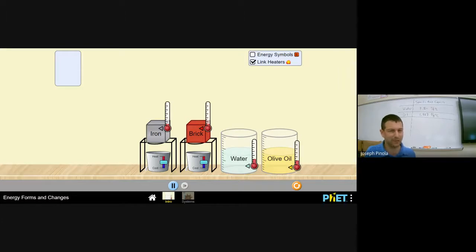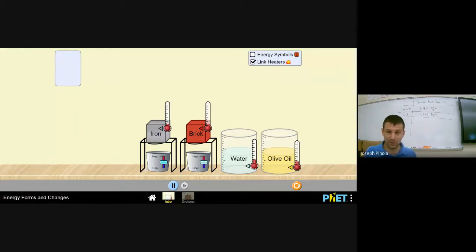However, it might be helpful to know this. Brick has a lower specific heat capacity than iron. What does that tell us about how their temperatures will change when I expose them to heat? Well, since brick has a lower specific heat capacity, chances are its temperature will change much more easily.